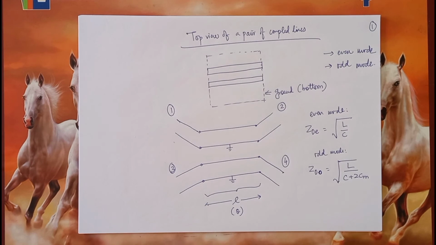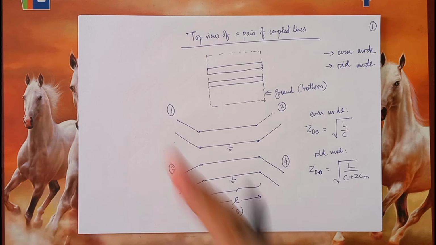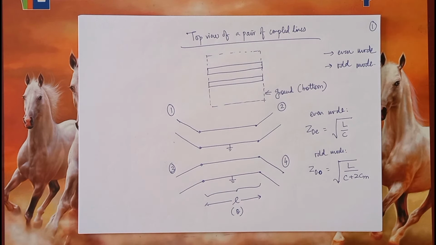Effectively, what we have is a pair of lines running close to each other, and therefore we can treat this as a 4-port network. Well, if we have a 4-port network, just like the 2 and 3-port networks we have been analyzing so far, we also have to learn how to analyze this kind of a network.